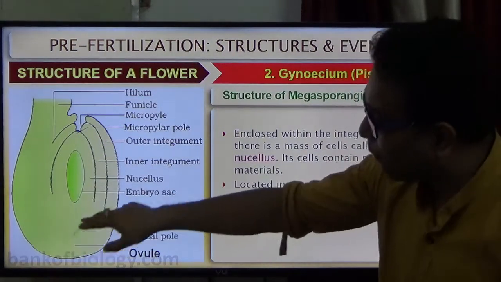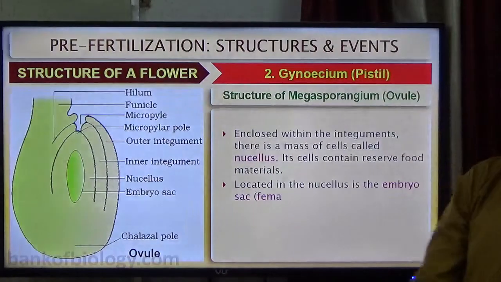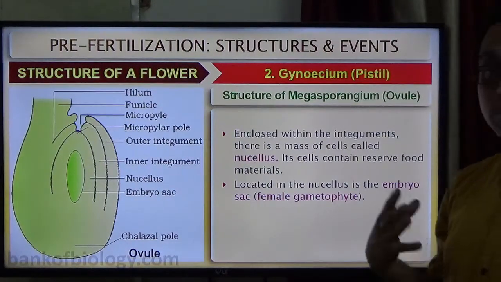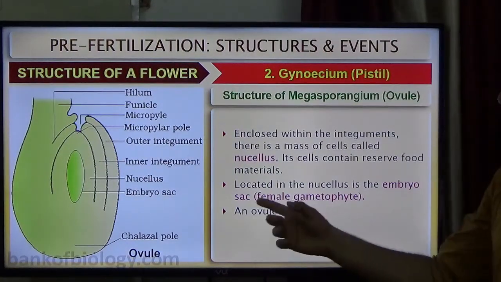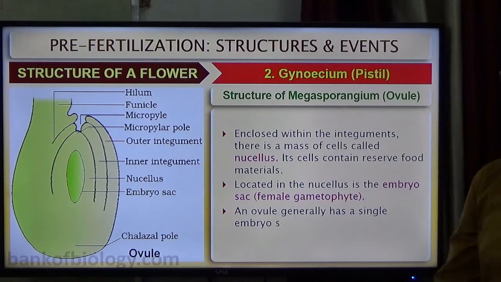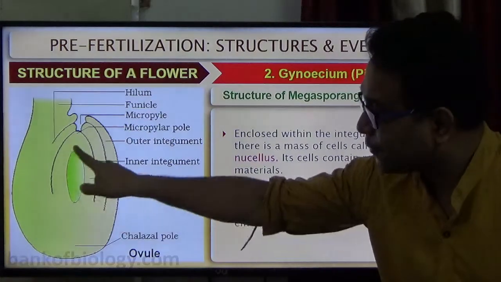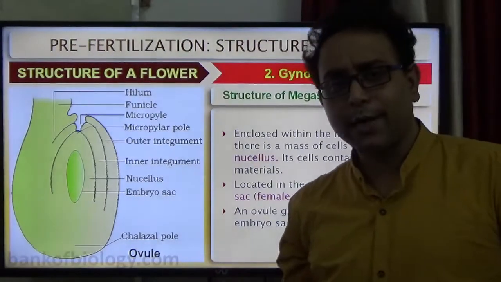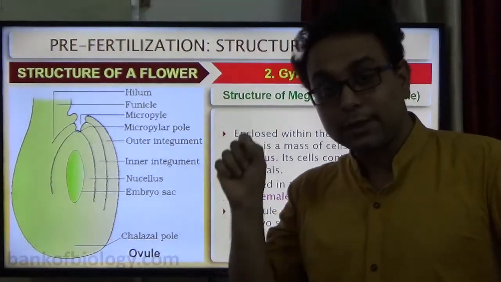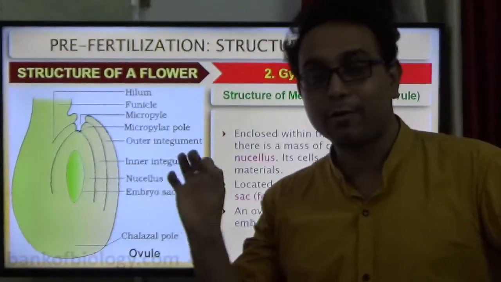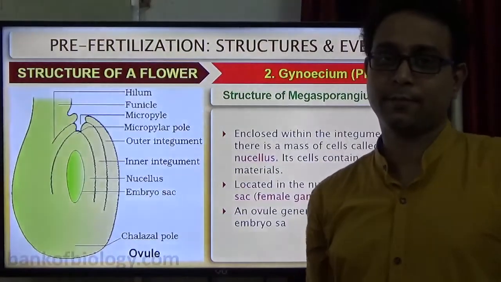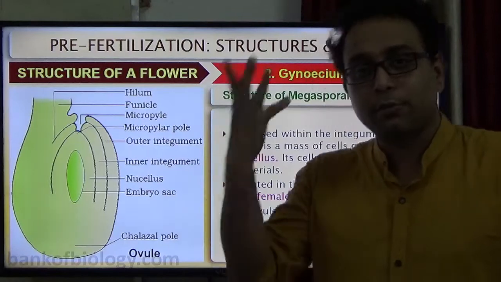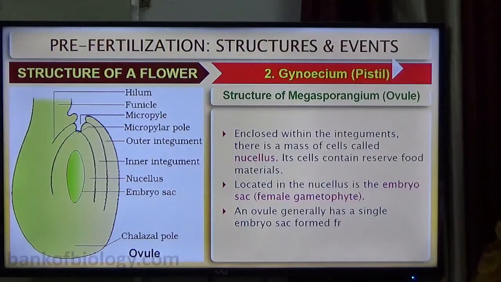This whole part is covered by the nucellus. Located in the nucellus, this part is very important. This is called the embryo sac. Why is it important? Because this is the main site where the egg cell is present and also produced. So it is the most important site.